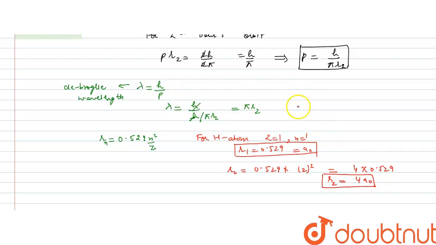Now we have lambda is equal to pi r2, which we have calculated earlier.